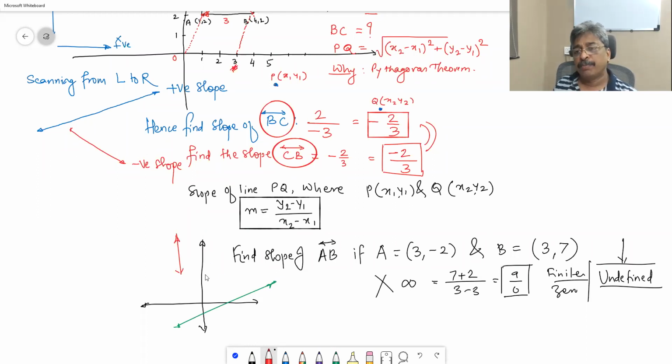So every time a slope related discussion comes up in this two-dimensional geometry, you are supposed to deal with two situations. One, the line having slope m, well defined, and another case, lines parallel to the y-axis. Okay, good.